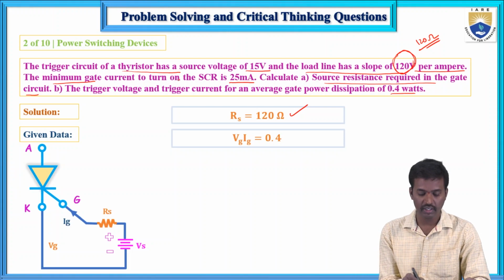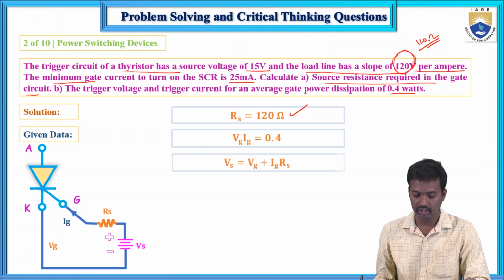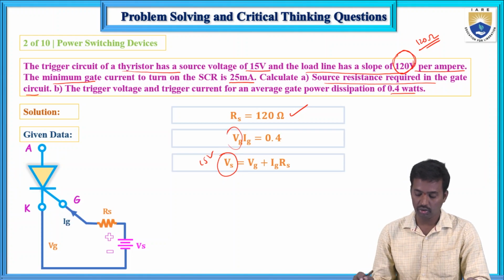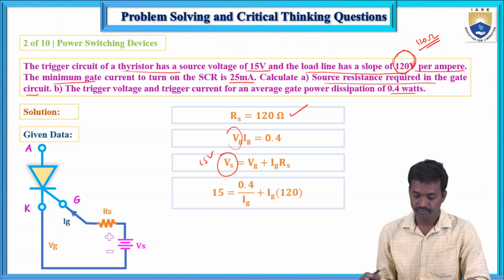Here the gate current is the minimum gate current. Vs equals 15 volts, and Rs equals 120. Here Vg equals 0.4 by Ig.